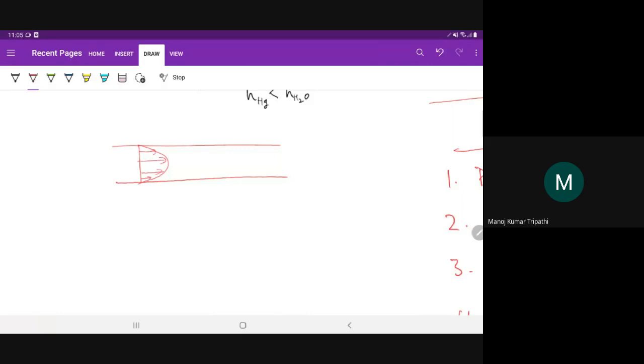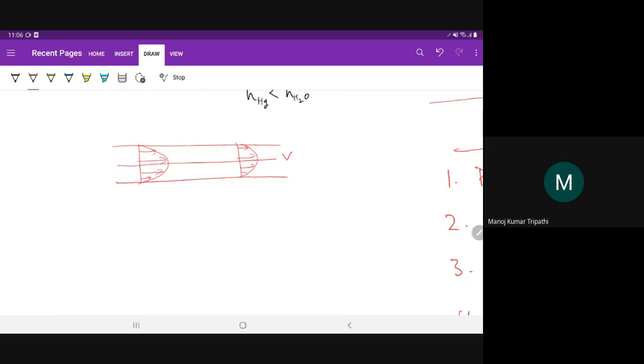If we apply Bernoulli equation for the center line, then we don't need to worry about this correction factor alpha if we use the velocity of the center line. But usually in pipe flows, we don't know the maximum velocity or the center line velocity. What we know is the average velocity. How do we get to know the average velocity?